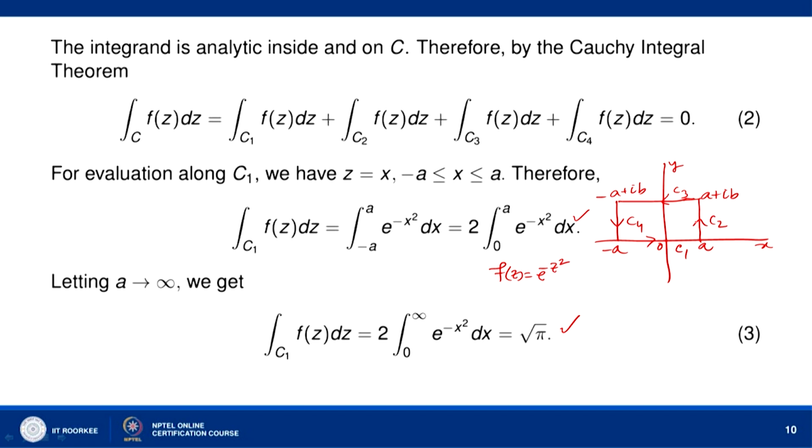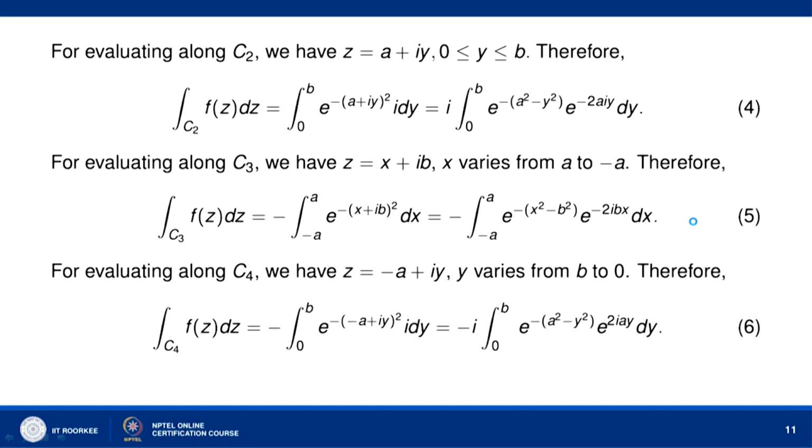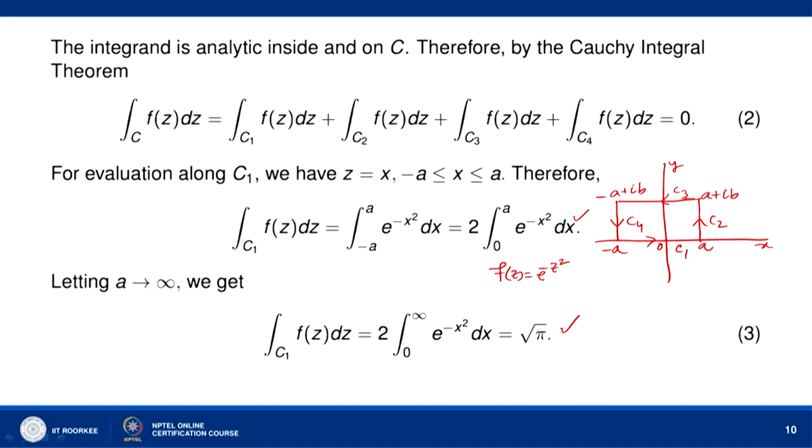Okay. Now, let us integrate along C2. For evaluating along C2, x remains constant, x is equal to a, y varies from 0 to b. So, we can take any point z here, the z can be written as a plus iy, where y varies from 0 to b along C2.